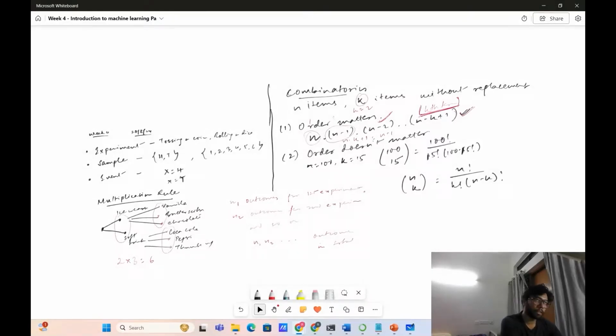So in the first part, you are ordering the people. If you're picking a team and ordering them in terms of their playing position, then this is the number of ways. The first part is the number of ways if you want to pick a team and arrange them in the playing order. Whereas in the second, you don't need to arrange them in the playing position, you just need to select the group which will be playing. Clear now?